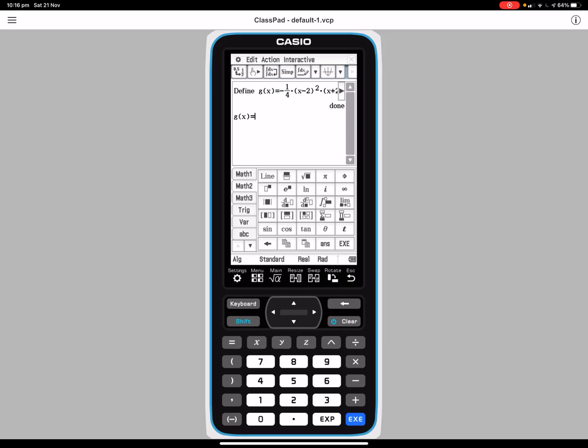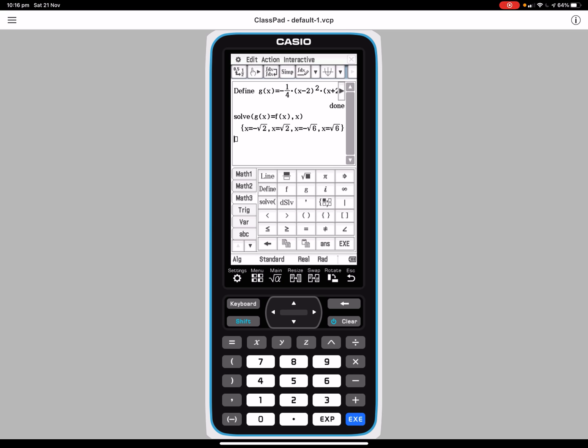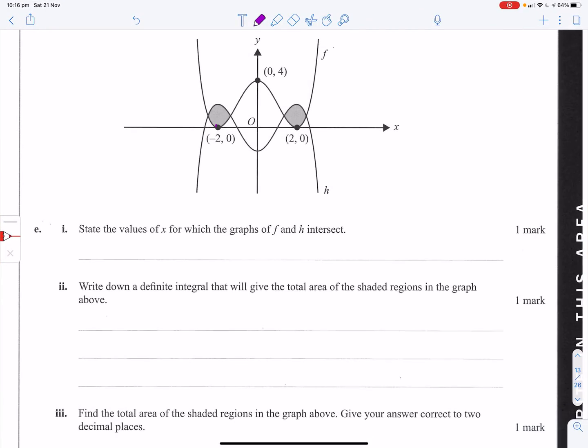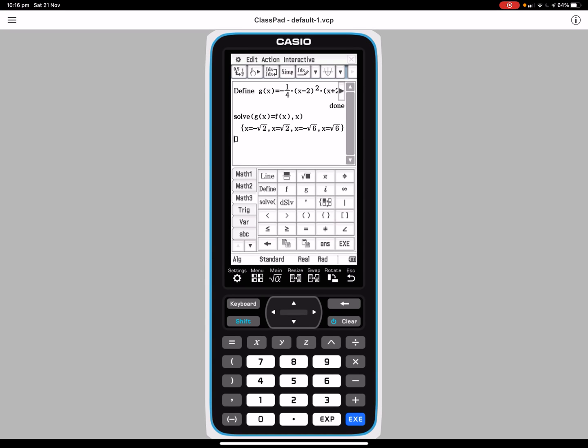If we let g of x equal f of x, and we solve for x, x is equal to plus or minus root 2, plus or minus root 6, I think it was. Yeah.